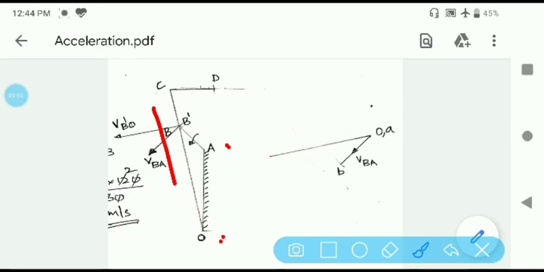Here we will be representing it in the velocity diagram as the motion of B relative to B prime.